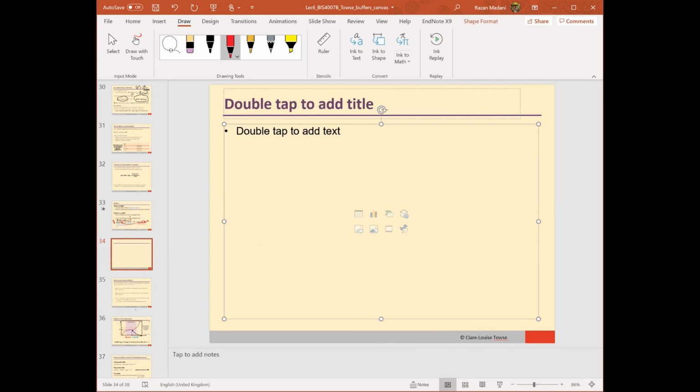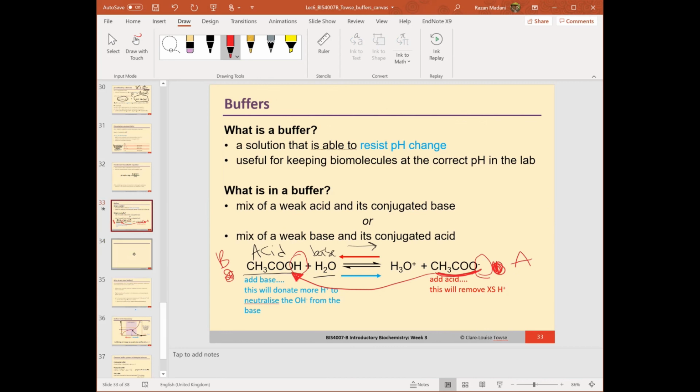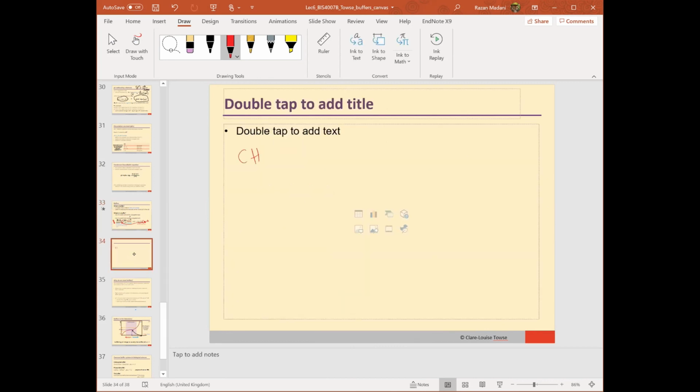Okay. So our equation originally was CH3COOH plus H2O, and going this way, we have H3O plus and CH3COO minus.